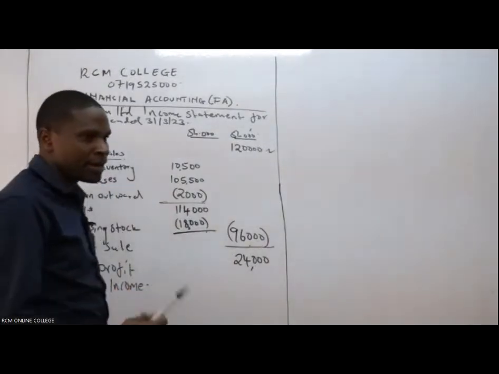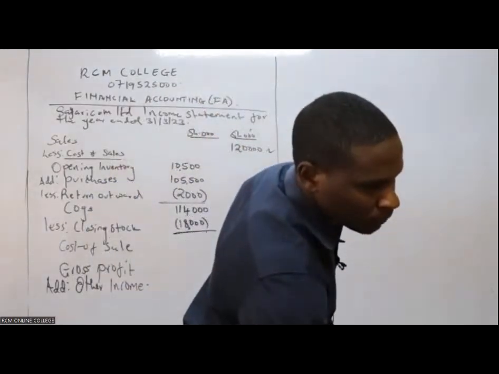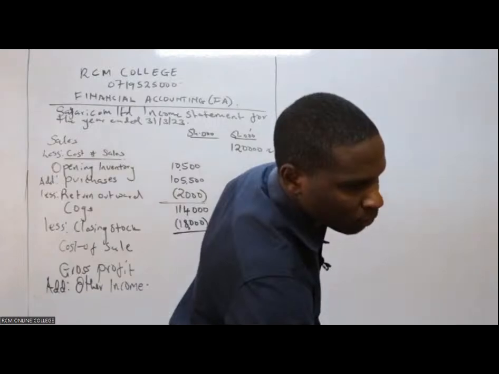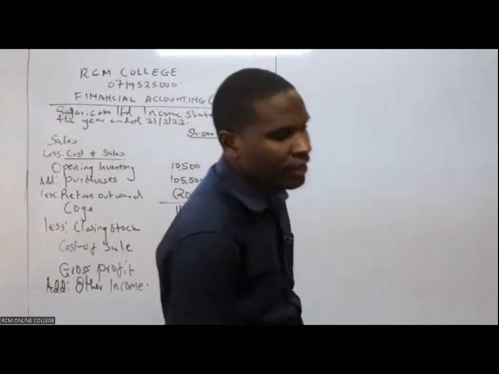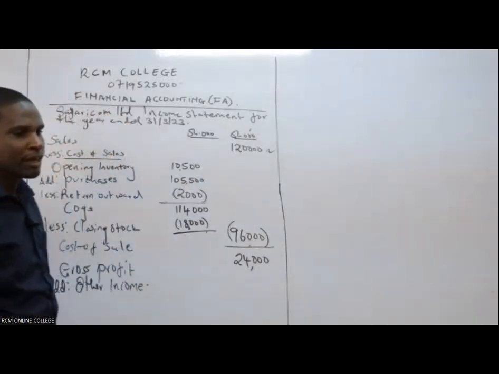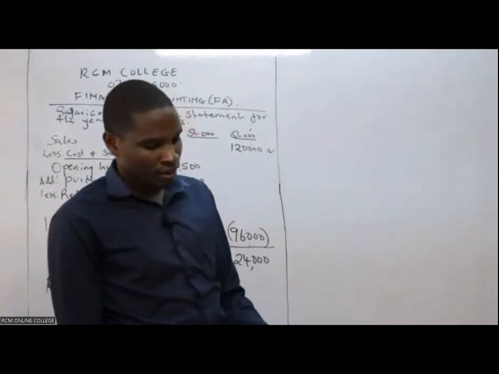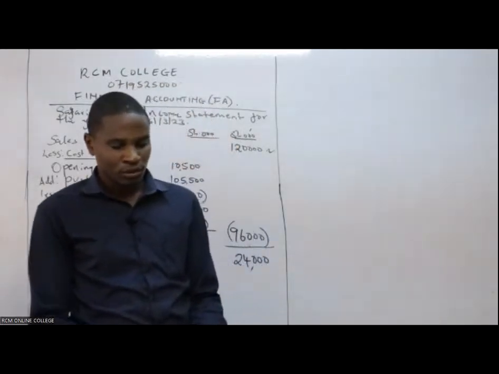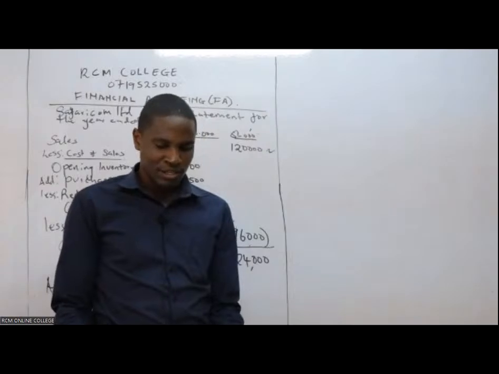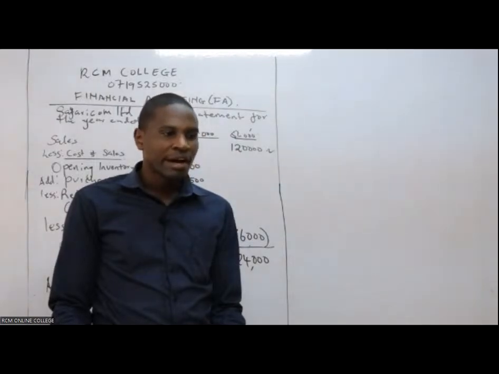We add any other income. Do we have other income? Can you check from the question? Do we have discount received, and how much is it? If I look at my question, I can clearly see that we had discount received and discount allowed.